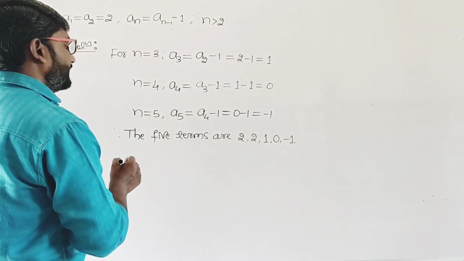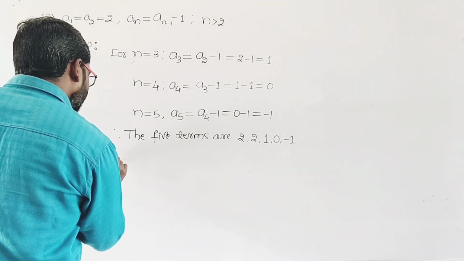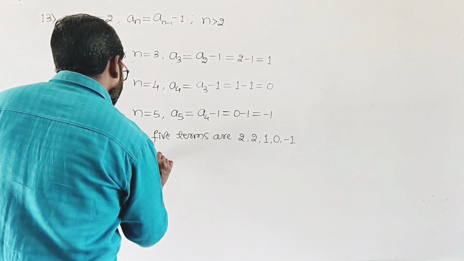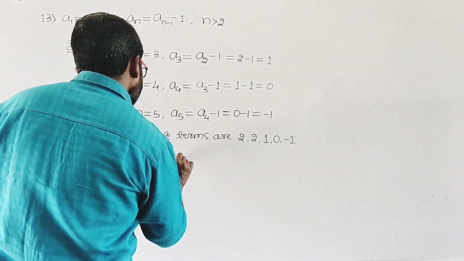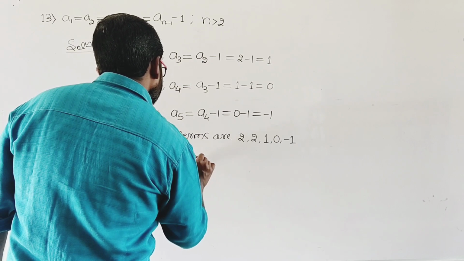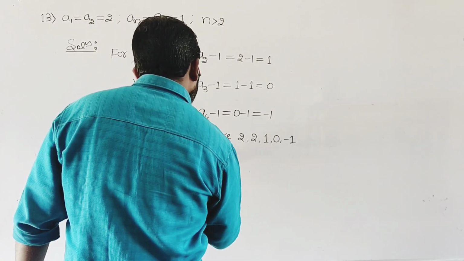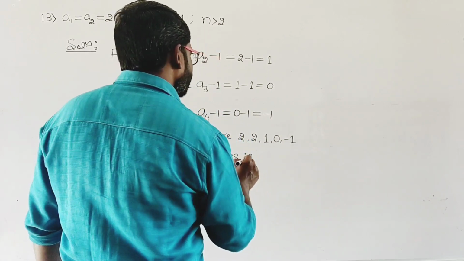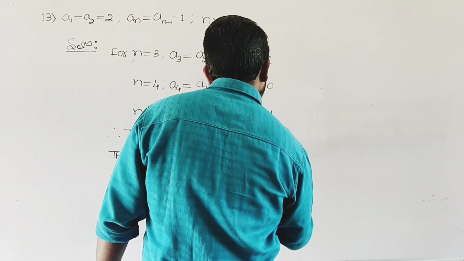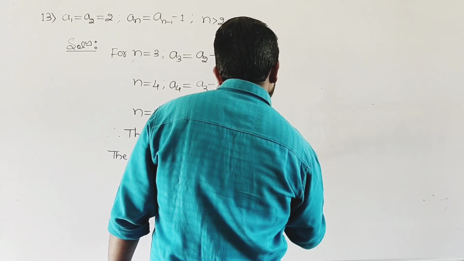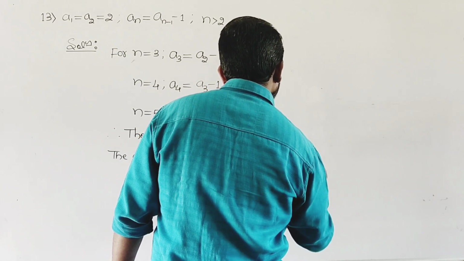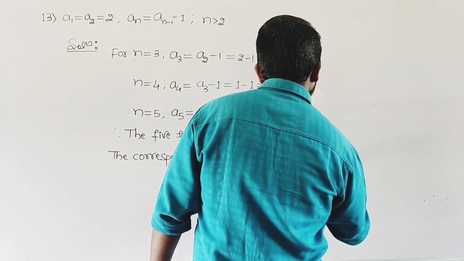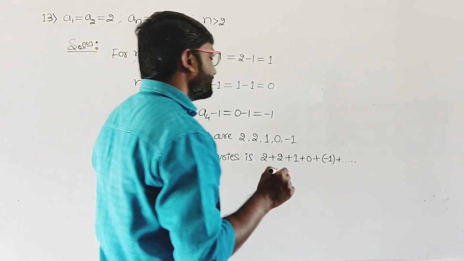These are the 5 terms, and we have to write the corresponding series. The corresponding series is 2 plus 2 plus 1 plus 0, then plus minus 1, plus and so on, like this it continues.